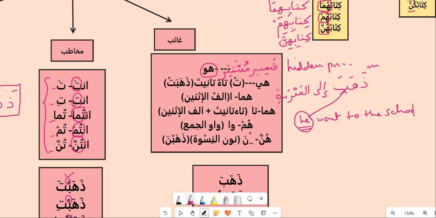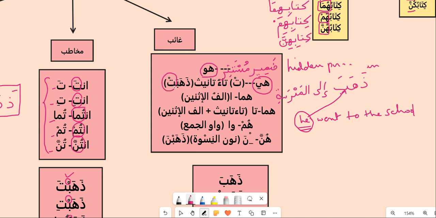And what about here? The ta tanis is just a sign of femininity. I will explain about ta tanis, but before that, the hiya pronoun is also hidden in the verb dhahaba. So one may ask, what is this ta tanis doing?